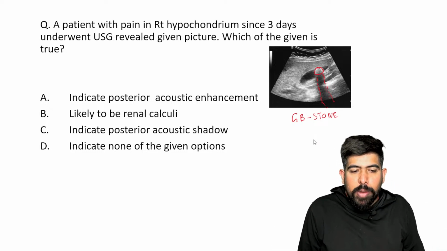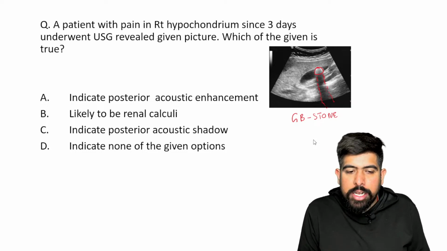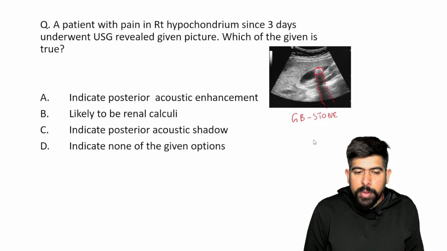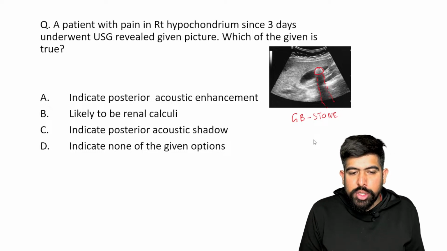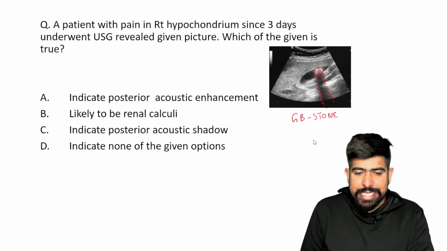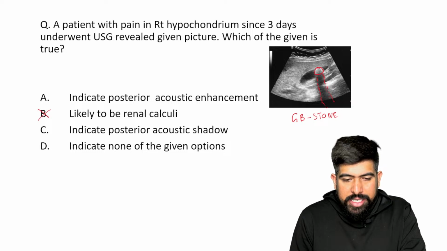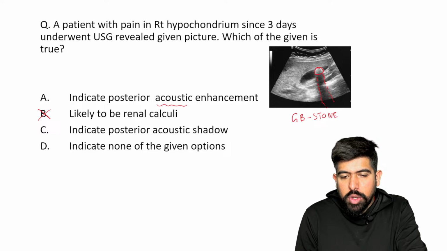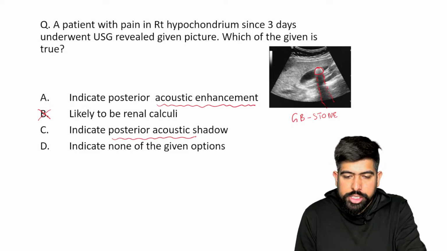Now moving forward, option C indicates the posterior acoustic shadow, and option D is none of the above. So option D is not possible. Thus we are only confused between two options, option A and option C. So please rule out option B. Now we are confused between posterior acoustic enhancement and posterior acoustic shadow.